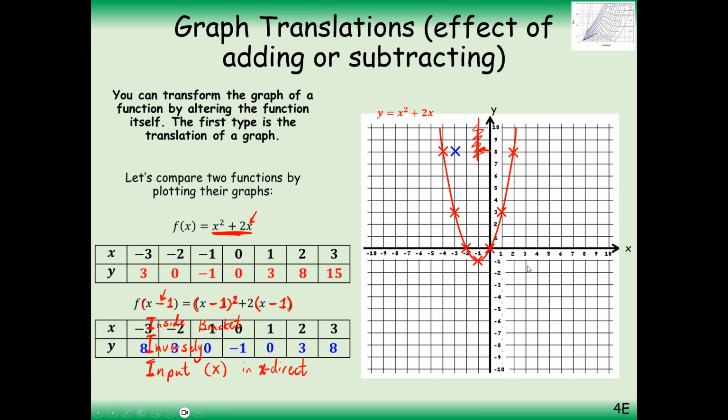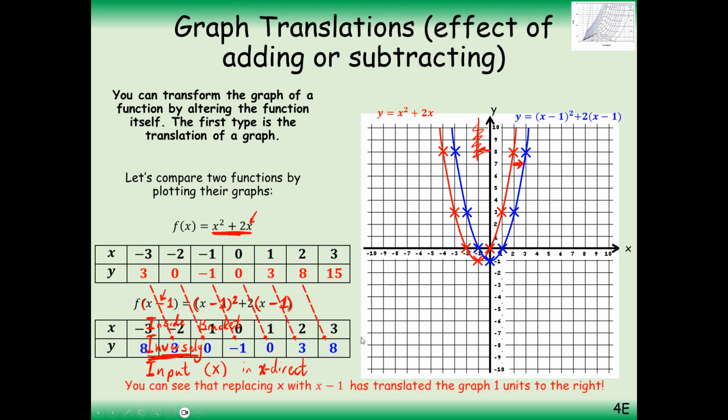All right. So when I plot it, you see those values from the table will have moved the graph 1 unit to the right. All right. So I know here we took away 1 from the x, but I said the effect is going to be inverse. If it's plus 1, it would have moved the other way.